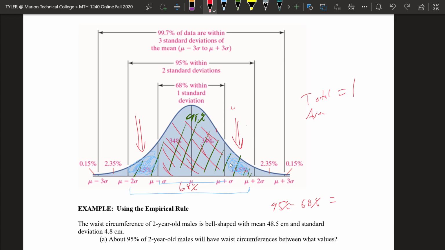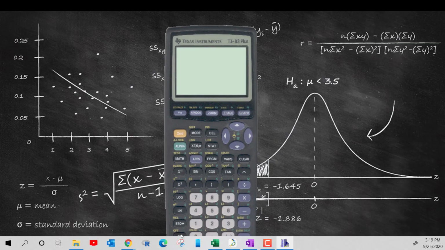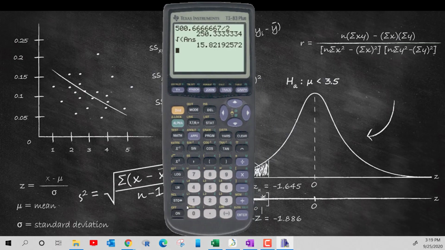So that gets me to, take my calculator and take 95 minus 68, right? We get 27. So then if I take that number and divide by 2, that gets me to 13.5.